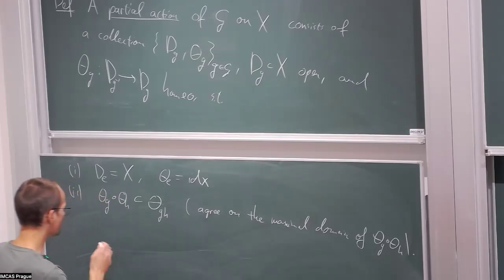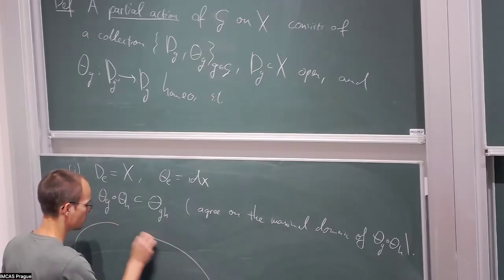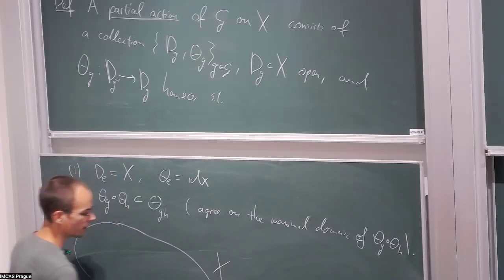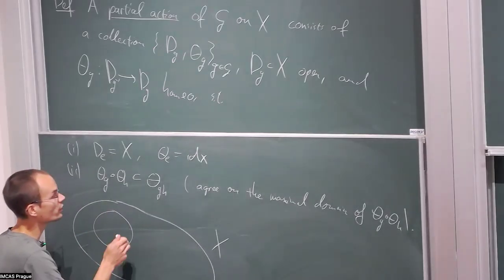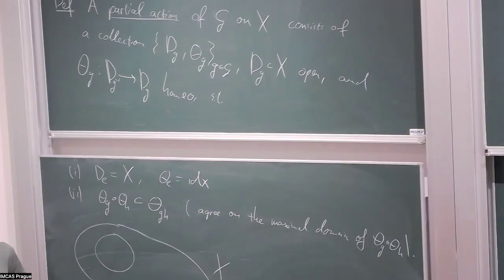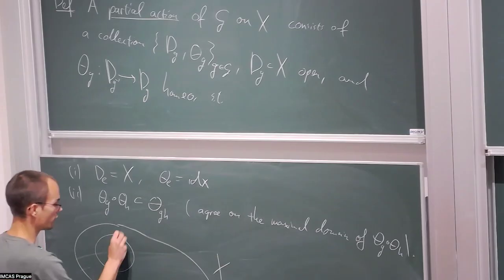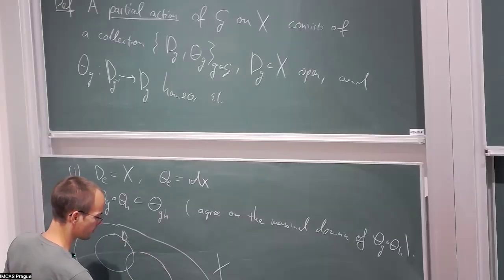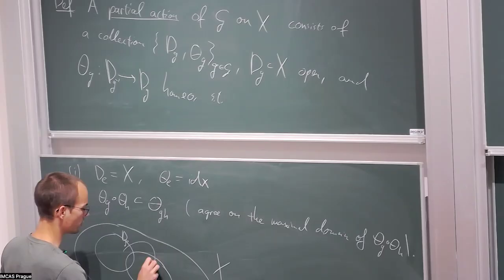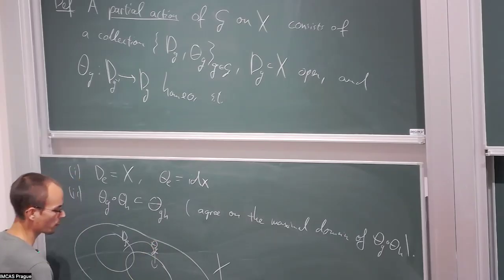Okay, so intuitively you have the space, and you have this collection of open sets, right? So that's really why it is a partial action. It doesn't take the entire space to itself, but rather it just takes some open subset to some other open subset. So let's say this is D_{g inverse}, and then this is D_g, and here you have theta_g between them.